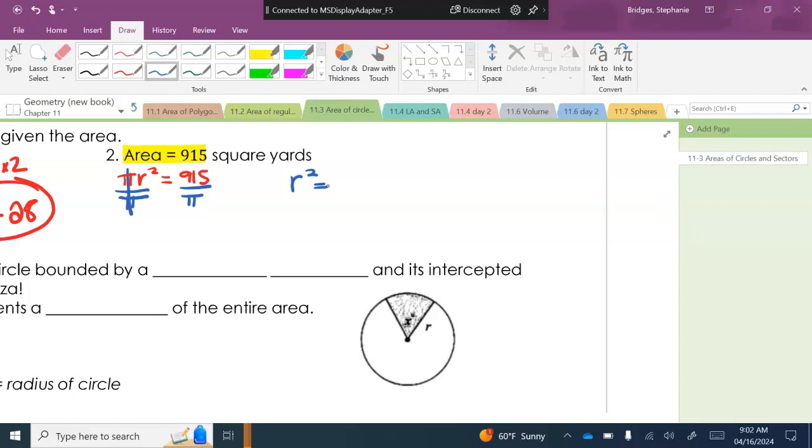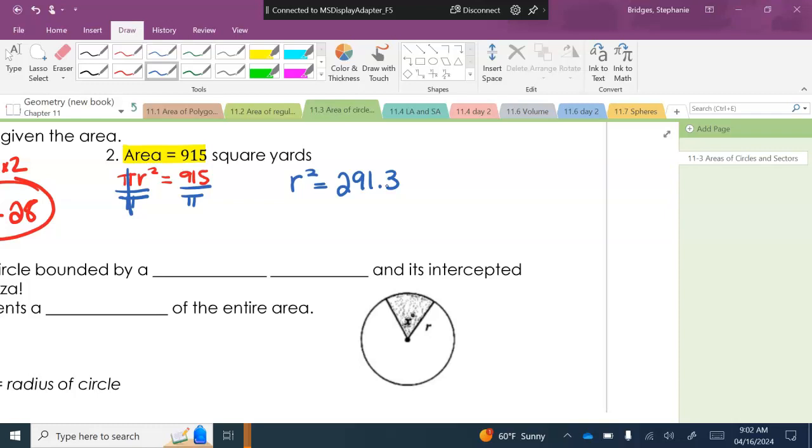And let's go to the tenths place. To the tenths place, I got 291.3. I got 291.25, so I rounded it up to 291.3.